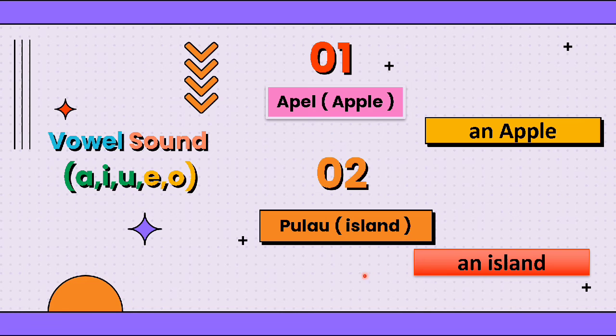Island starts with the letter I, so it is an island. Why is island included in the vowel sound? Because it starts with the letter I, where the letter I is included in the scope of the vowel sound, namely A, I, U, E, O.